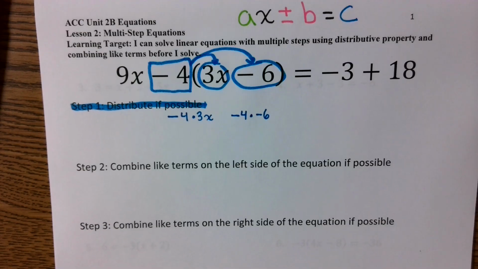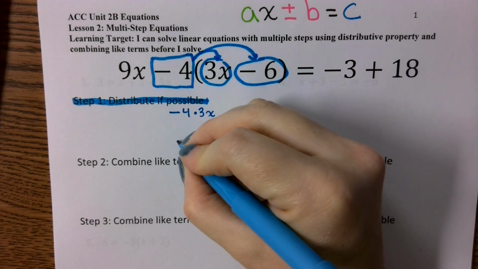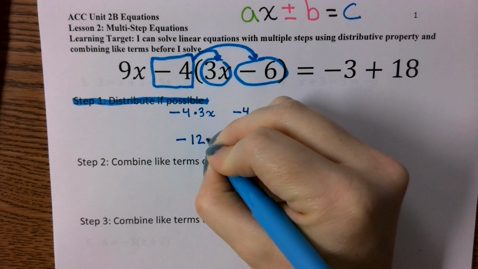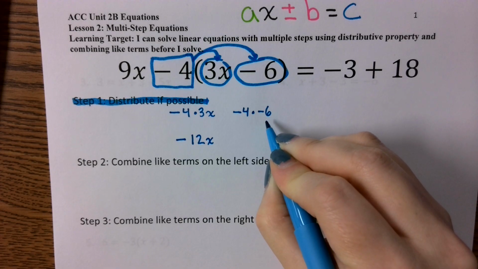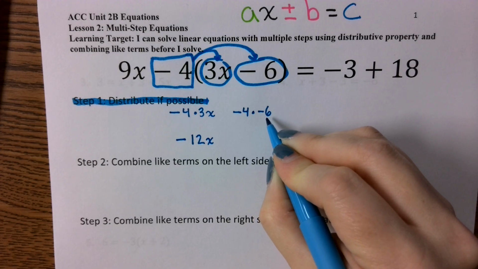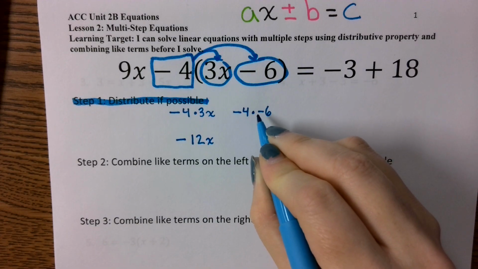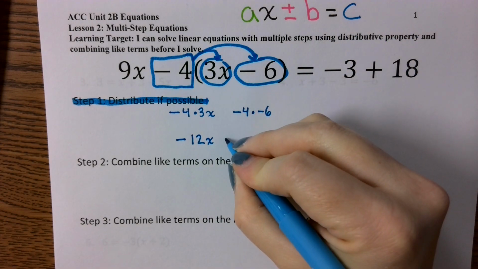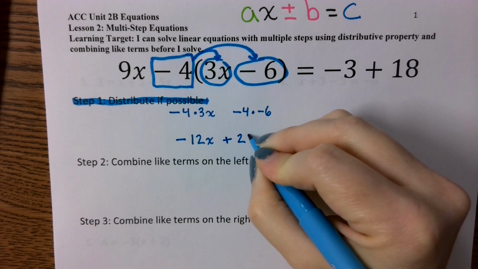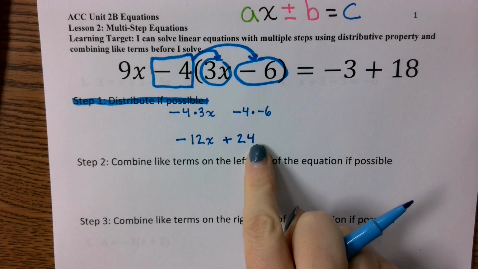That's our first focus. Okay, so -4 times 3x comes out to -12x, and -4 times -6 comes out to +24. I'm going to write the positive sign because remember, this is not just a number as my final answer. I'm putting it into an expression. So I am going to write +24 so that I now have -12x plus 24 here.